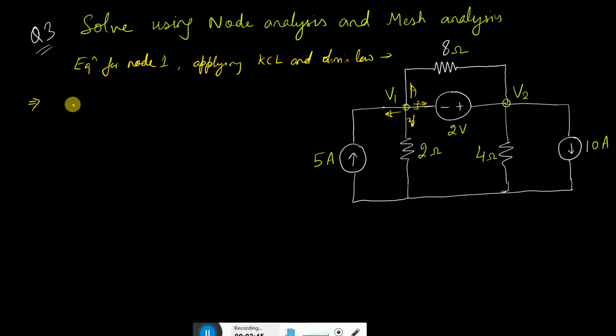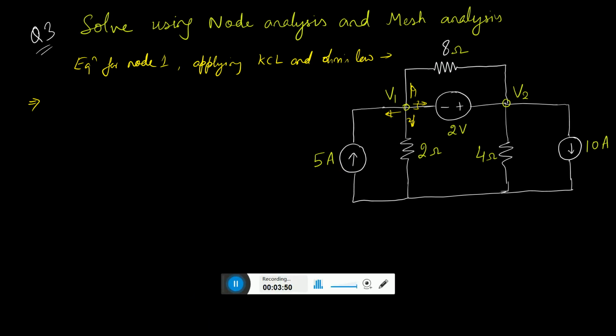If V1 is a current which is going in this direction, so writing like this, it equals minus 5 for the first one, because the current is going upward and we are assuming all the currents are coming out. So minus 5 plus V1 by 2 in this direction, and here is our reference node, so that is why the current going here is V1 by 2.